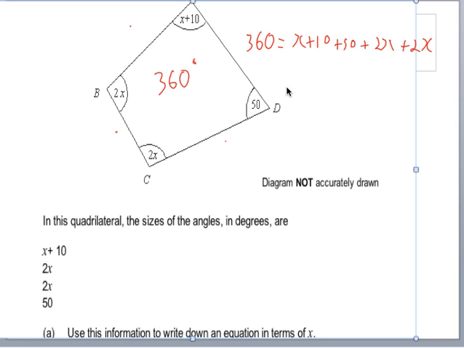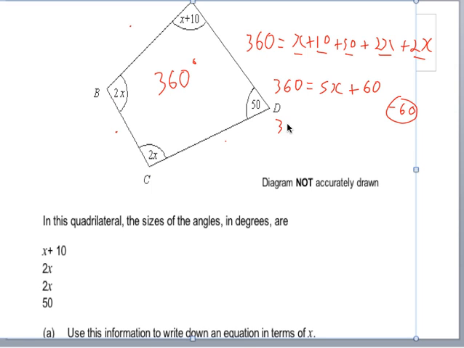So again, I'm left with the case of combining all my numbers and all my x's. So 360 is equal to 1, 2, 3, 4, 5 lots of x. So 360 equals 5x plus 10 and 50, which gives me plus 60. Am I going to solve that linear equation? Quite easily. 360 equals 5x plus 60. I'm going to take 60 away from both sides.